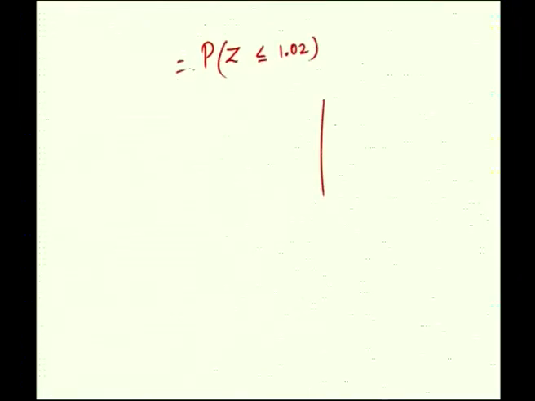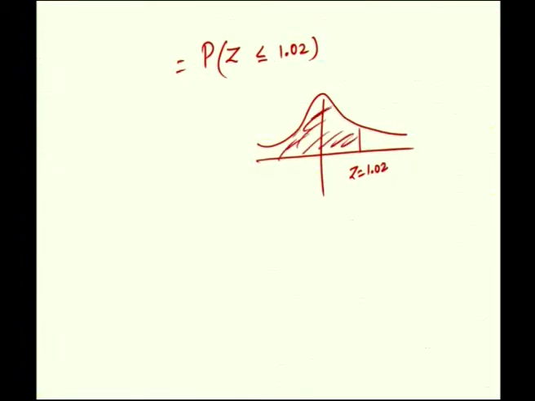Draw the diagram. Plot z equal to 1.02 and shade it. This area is already 0.5, and the area from z equal to 0 to 1.02 is taken from the table.